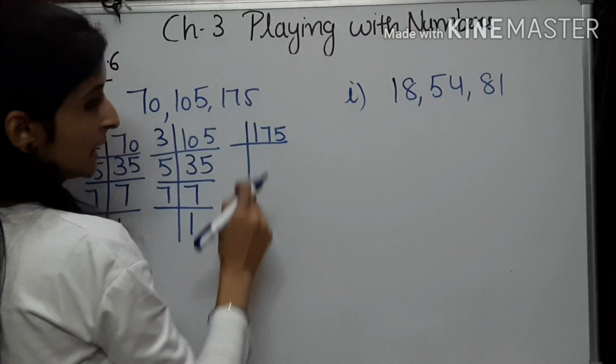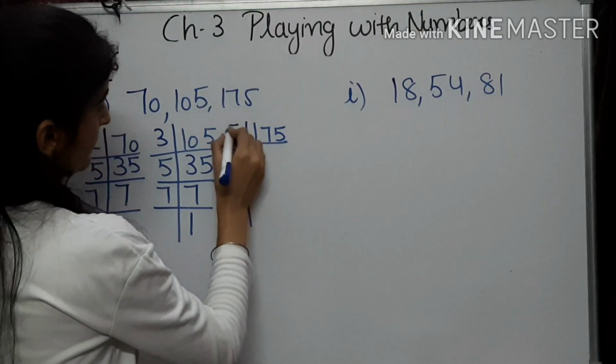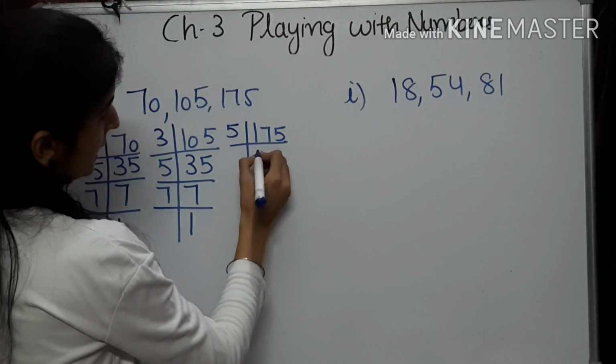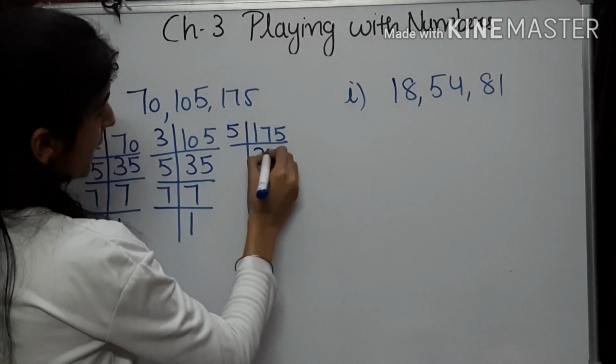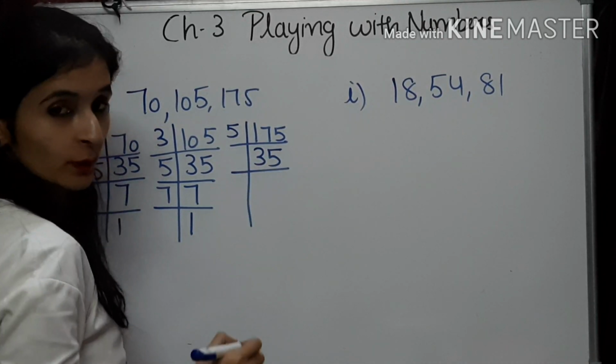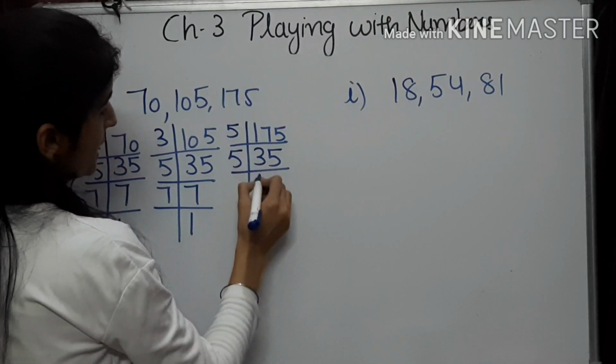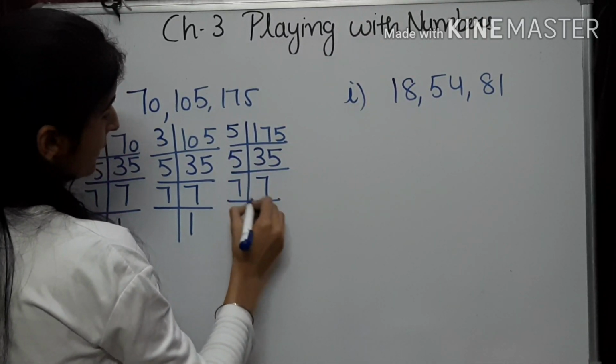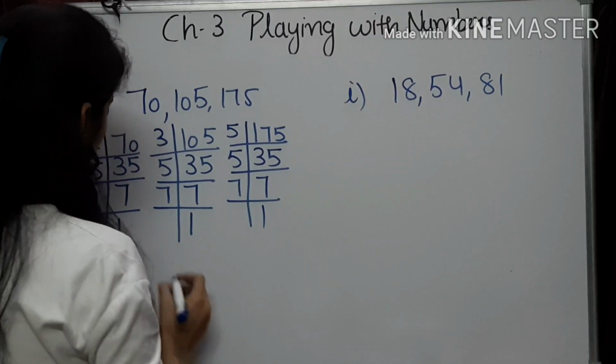After that, it is divisible by 5. 5 3s are 15 and 5 5s are 25. Then 5 7s are 35 and 7 1s are 7.